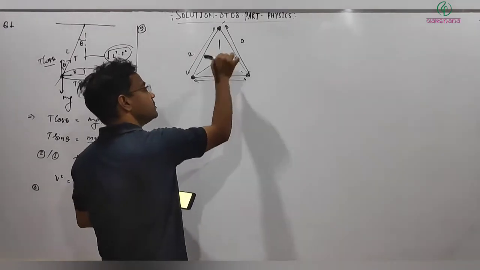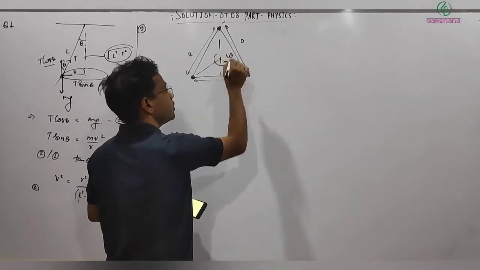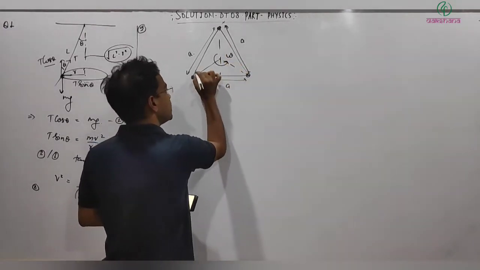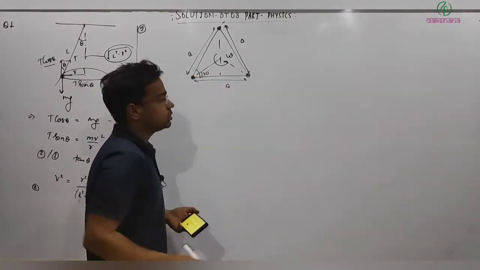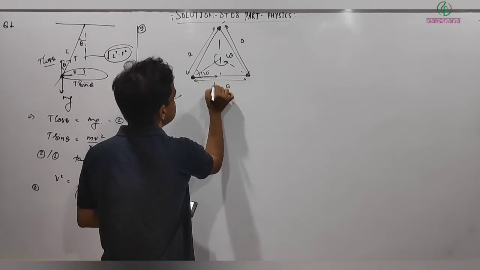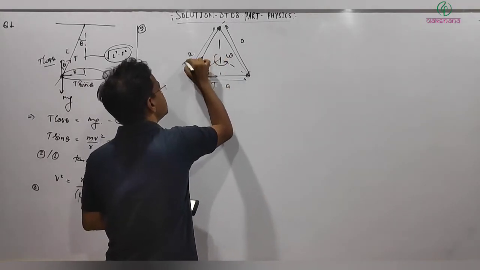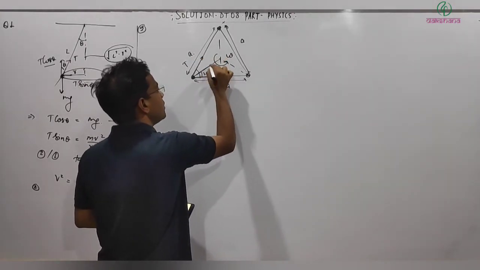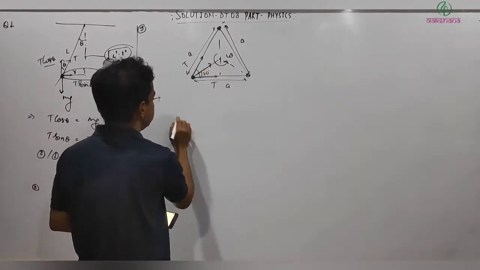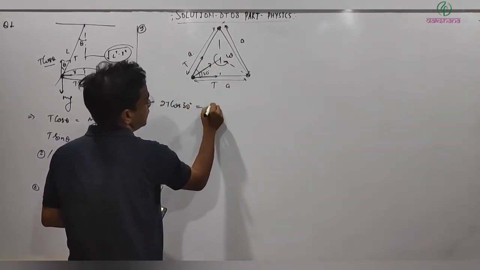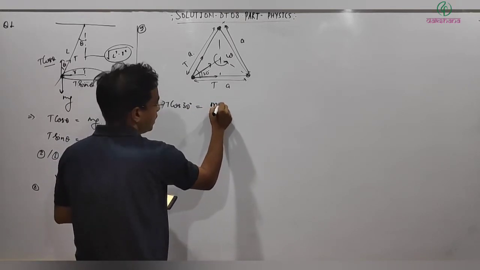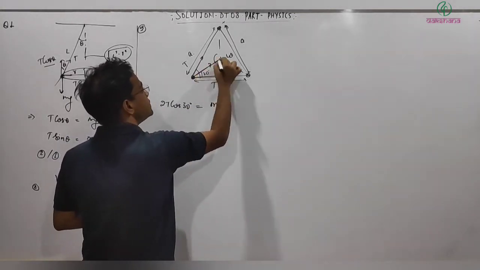So now this system is rotated about this centroid axis. The total angle here will be 60 degrees, and this half will be 30 degrees. Now what will be happening? Tension in this string is T, and tension in this one is also T. Then the component of tension along this direction, 2T cos 30 degrees, must provide m r omega square, if I take this distance as r.